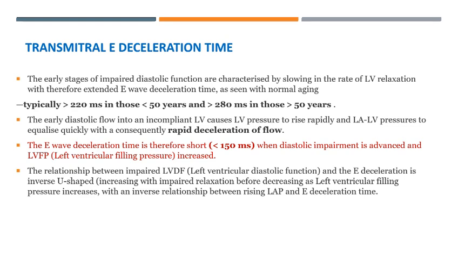The relationship between impaired left ventricular diastolic function and the E deceleration is inverse U-shaped, increased with impaired relaxation before decreasing as left ventricular filling pressure increases, with an inverse relationship between rising left atrial pressure and E deceleration time.